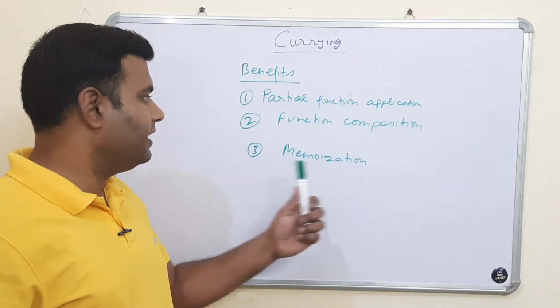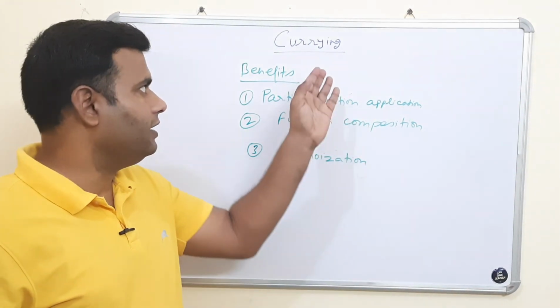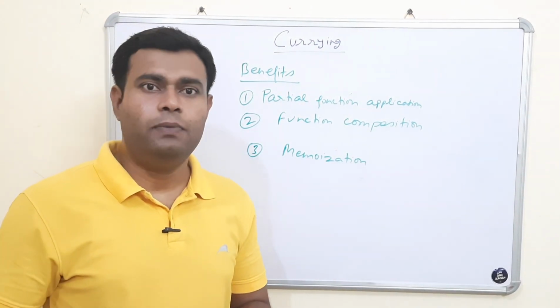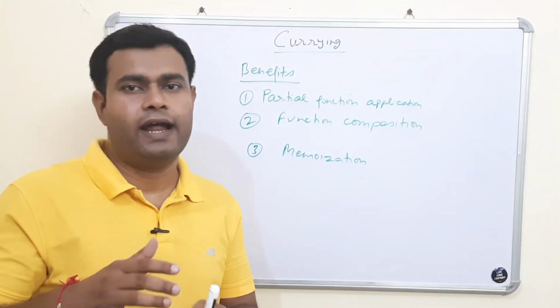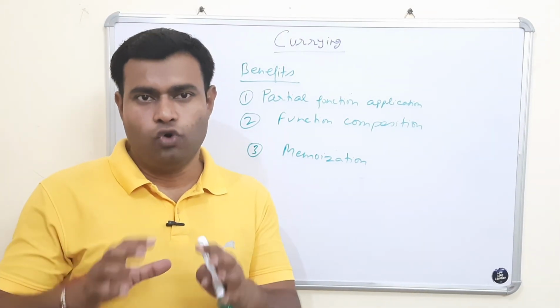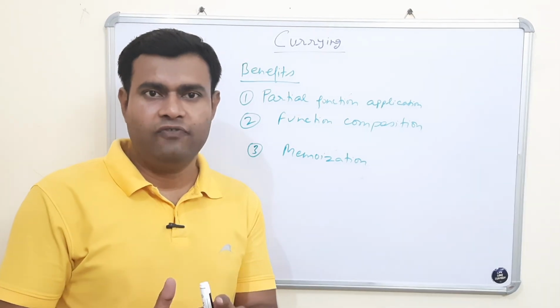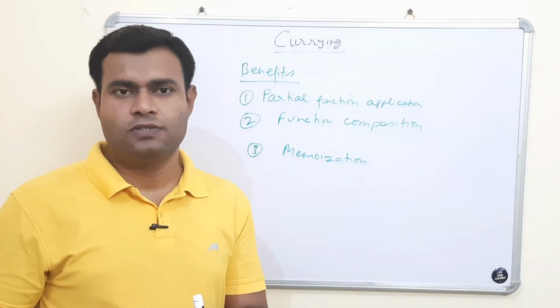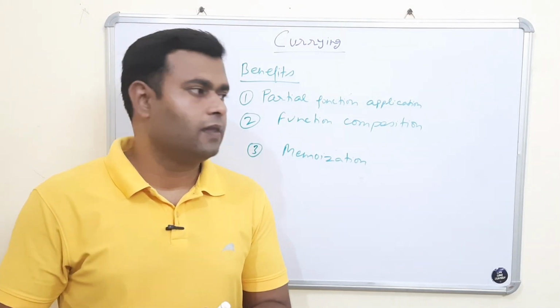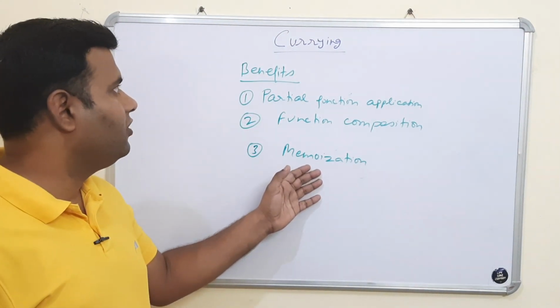This memoization technique can be applied using currying, because we have a result and those results can be fixed. Later on, when some computation has to be done, those variables are already fixed, and only the new input which comes can be used for further computation. So memoization is the third benefit of currying.